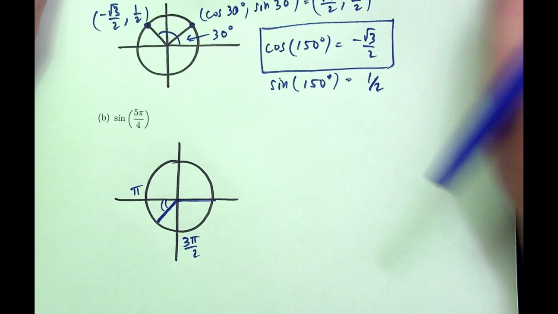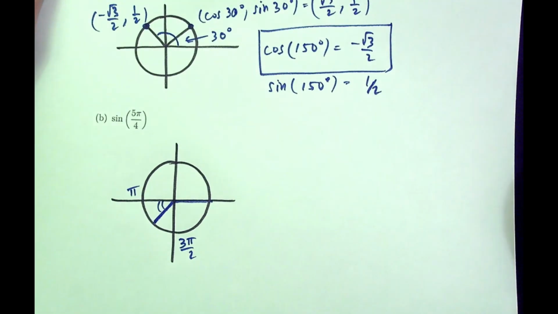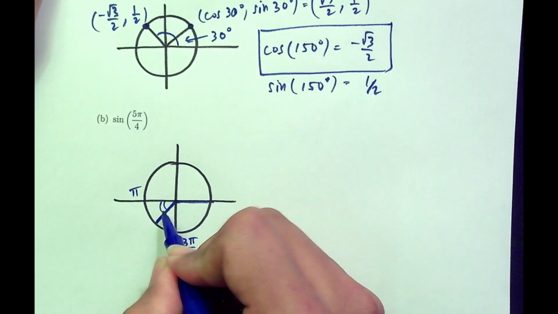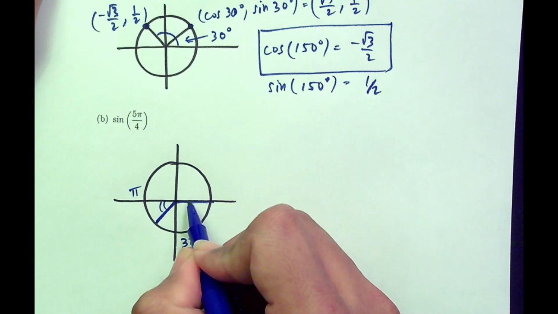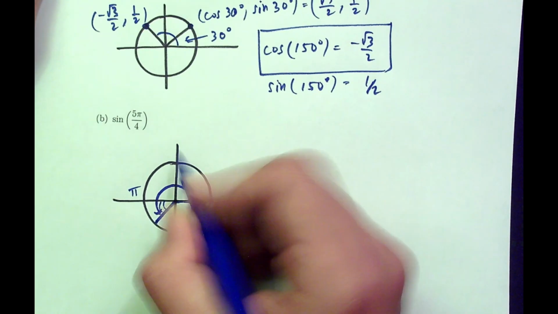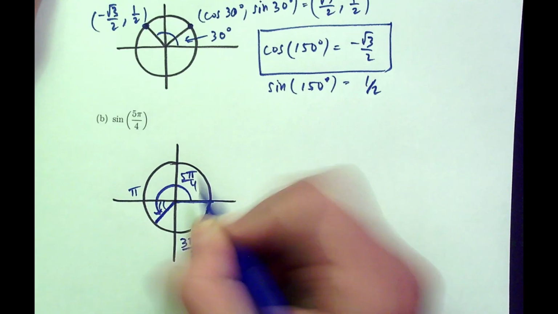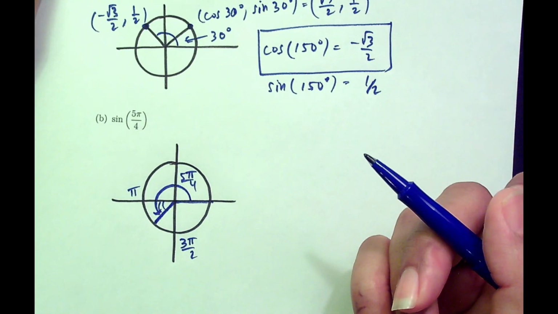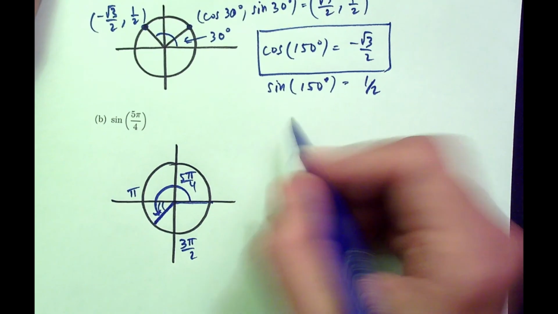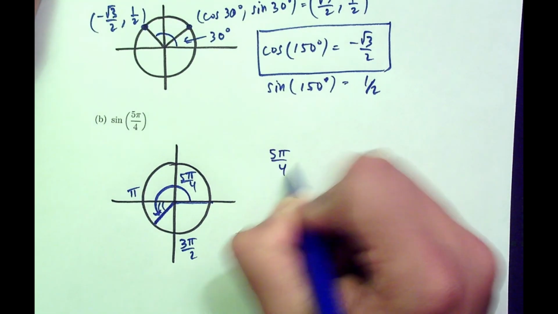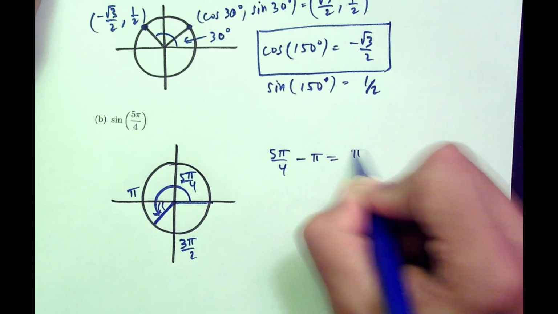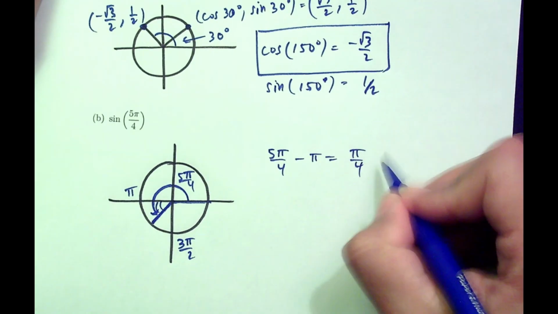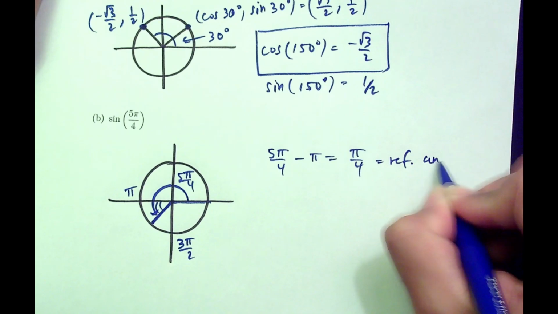That's the smallest angle between the x-axis and the terminal side of your angle. And what is that little piece over there? Well, from here to here, that's 5 pi over 4. You went past pi by a little bit. By how much? By the difference. So it would be 5 pi over 4 minus pi, which is pi over 4. So that is the reference angle.